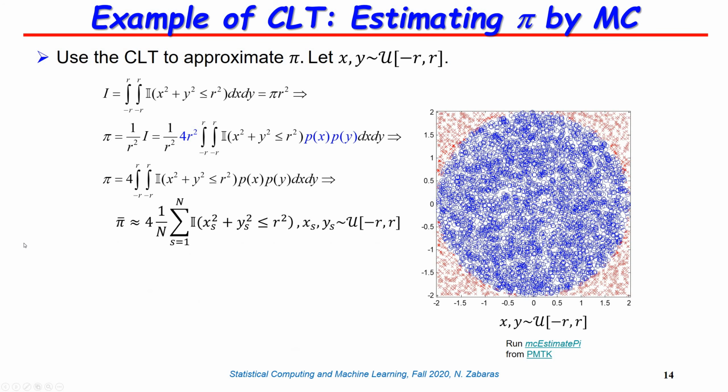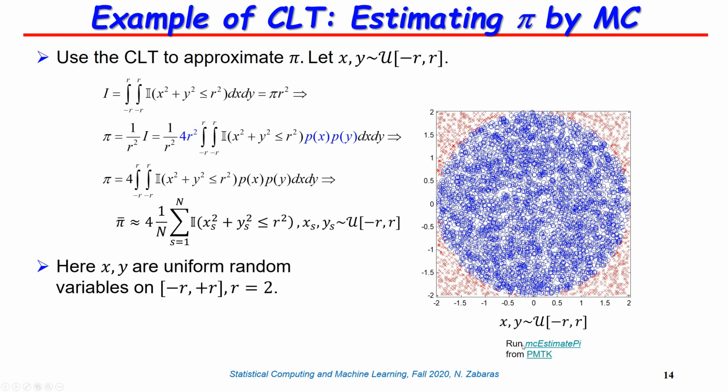And I am done. So effectively what I have to do is draw a number of samples n for xs and ys, okay? And remember x and y are drawn independently. Form the sample mean of the indicator function, multiply with that coefficient 4, and that's my pi, done. And if you take a good number of samples, and you may have to click this program to see how many we needed, this is again a program from the PMTK toolbox of Kevin Murphy.